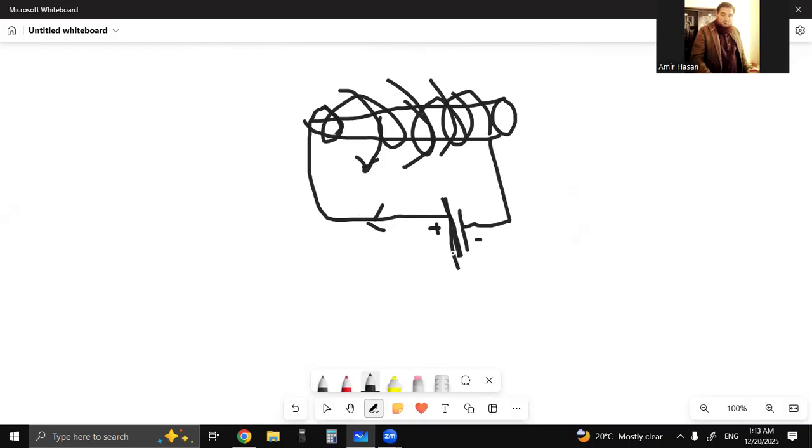When current moves with the help of DC supply in a magnetic material, what happens? This magnetic material changes into a magnet due to the effect of electricity.